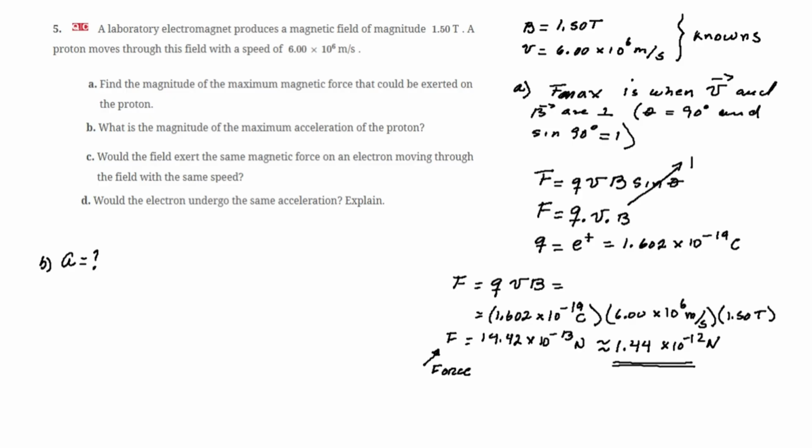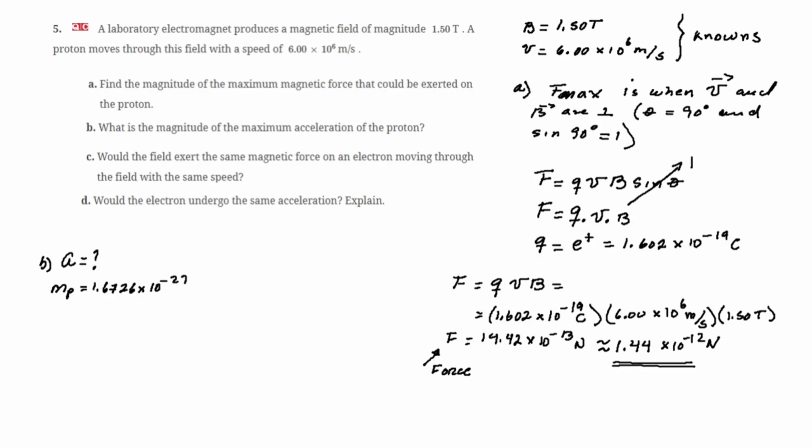The mass of a proton is 1.6726 times 10 to the power of negative 27 kilograms.